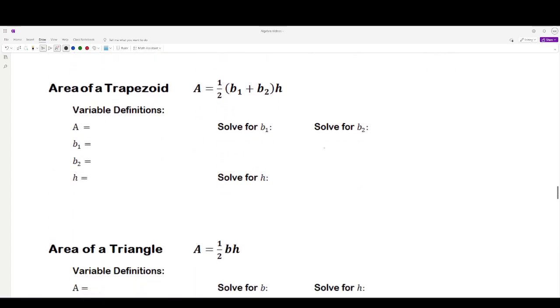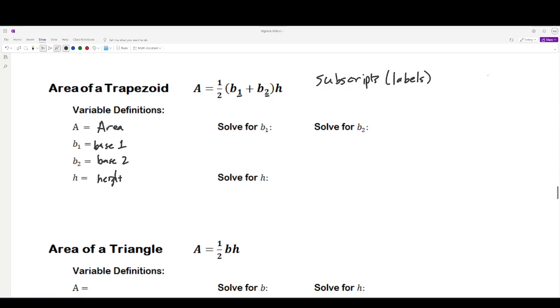All right, area of trapezoid. So we've got area, we've got base 1 and base 2 and height. So here's a place to point out this B1 and B2. These are called subscripts, and they are basically labels. So they're just naming the thing.